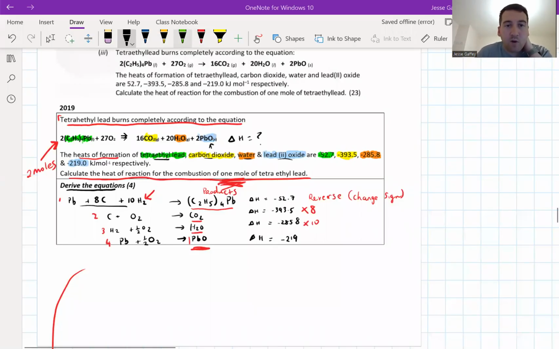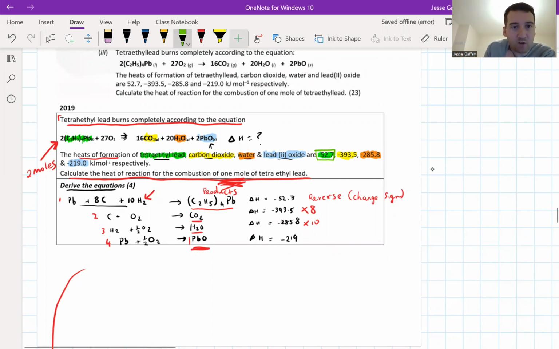Okay, so it was probably a tricky enough mistake to find, but it actually wasn't really a mistake. It wasn't your mistake at all, and it wasn't mine right now. What it was, though, is, as you can see where I've written down this information, the heat of formation of tetraethyl lead I have written down was minus 52.7. So when I transcribed this text from the exam question into this box here, so I could organize it for you, I made a mistake.